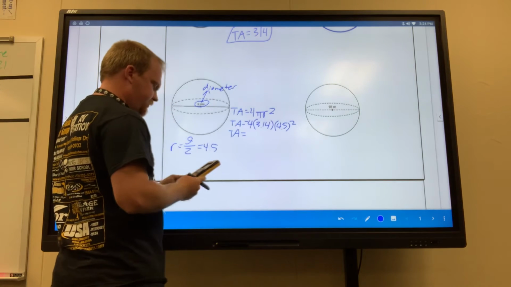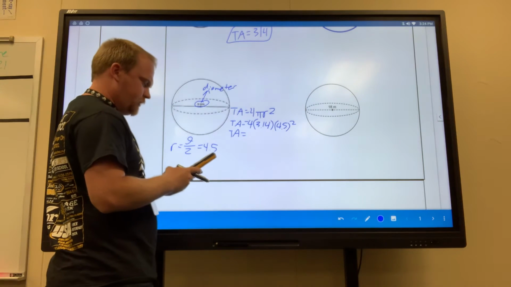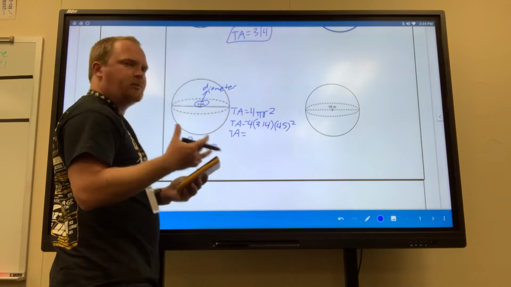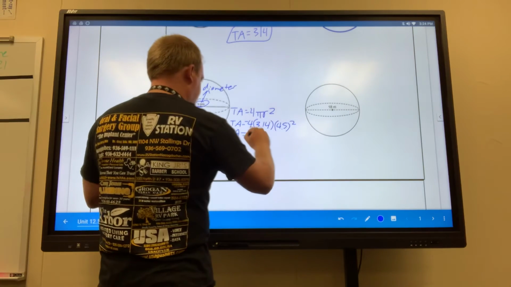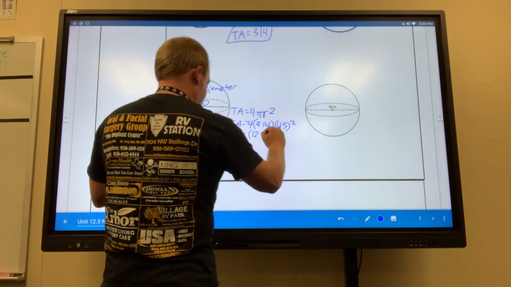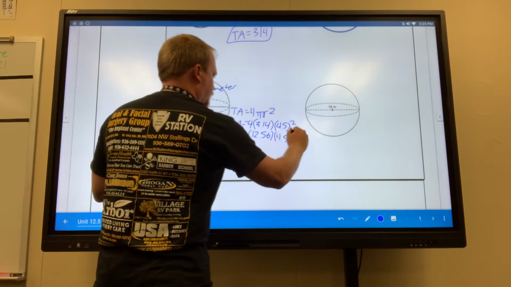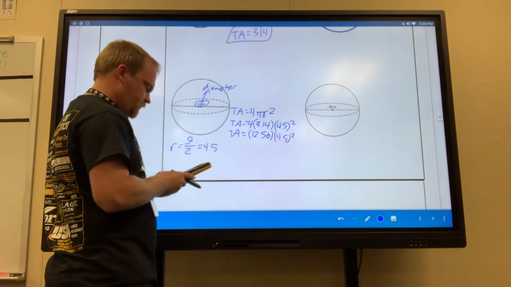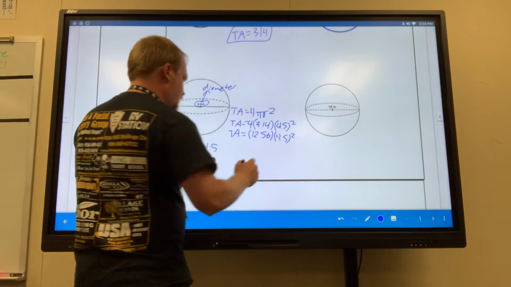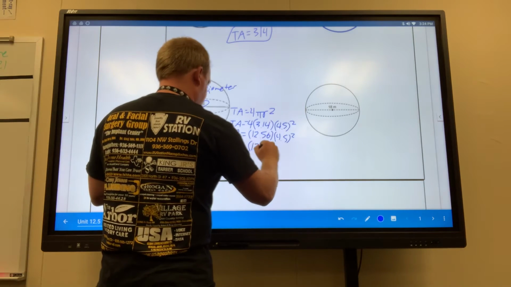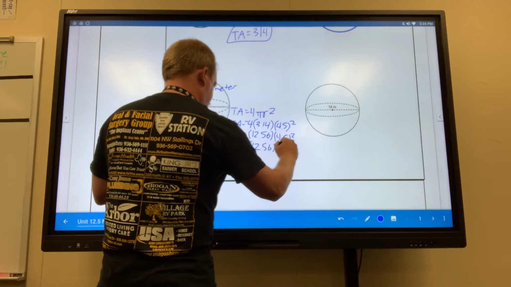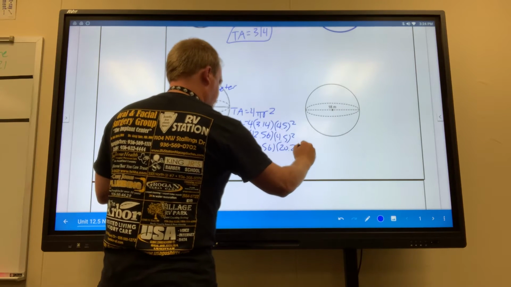Multiply all of that out. 4 times 3.14, if I do it part by part, is 12.56, times 4.5 squared. 4.5 squared happens to be 20.25.